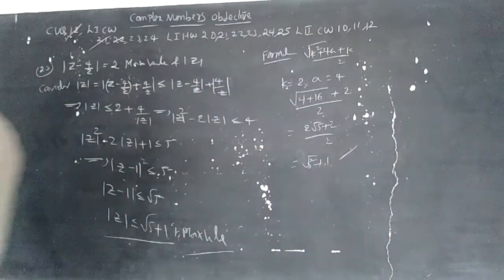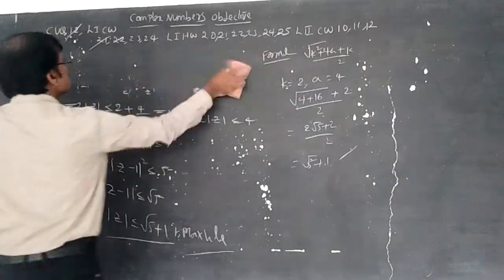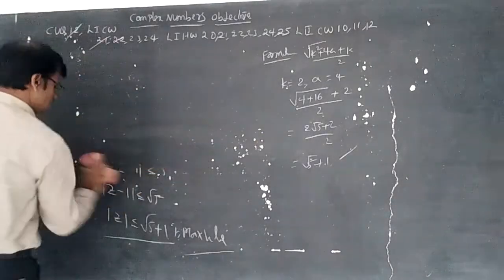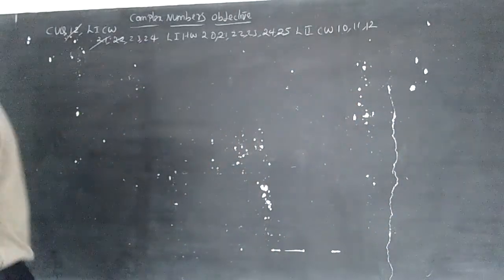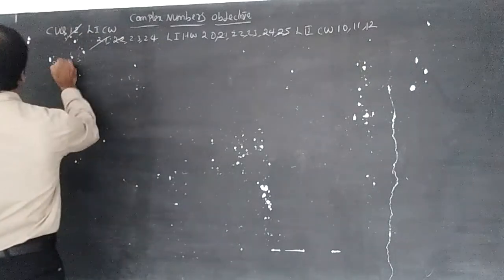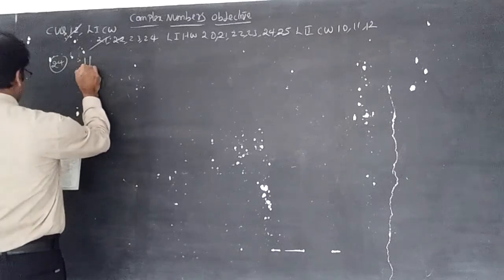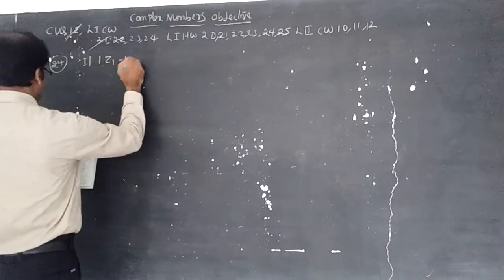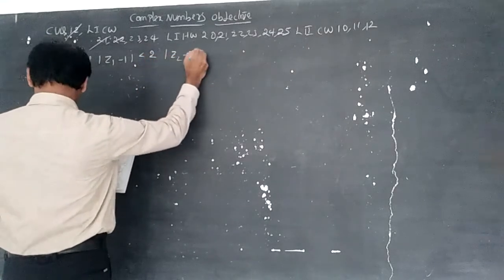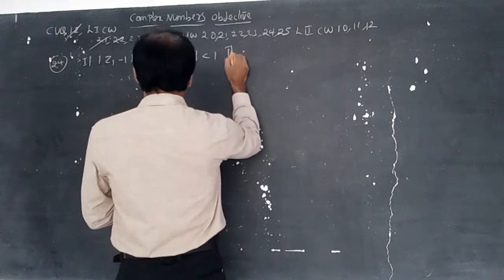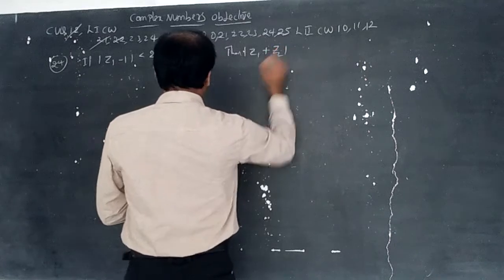It is right. Next, 24th question. If modulus of z1 minus 1 less than 2, modulus of z2 minus 2 less than 1, then he is asking about modulus of z1 plus z2.